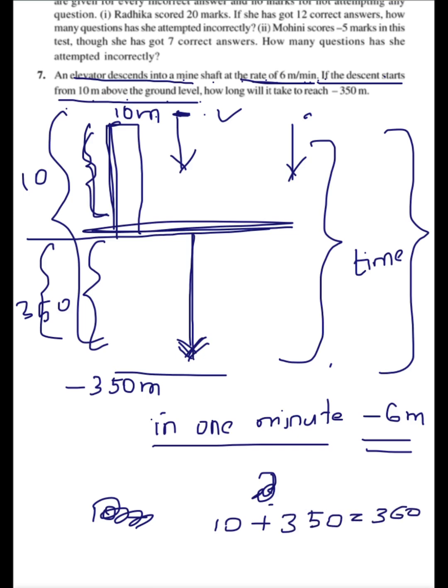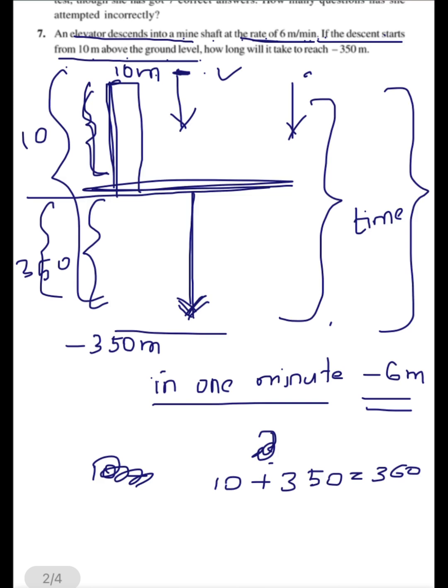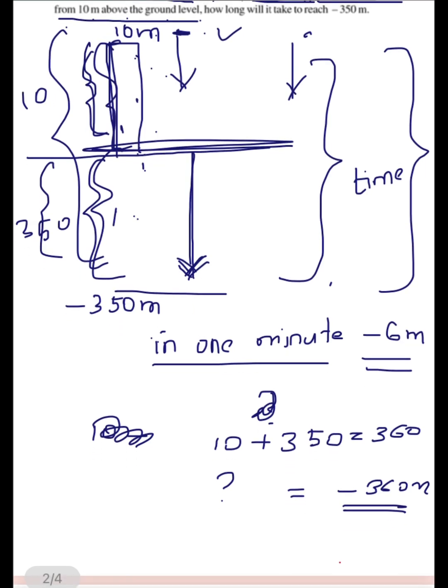Since it's going down, the distance is minus 360 meter. What is the total time taken to cover this minus 360 meter? You have to calculate the time taken to cover minus 360 meter.